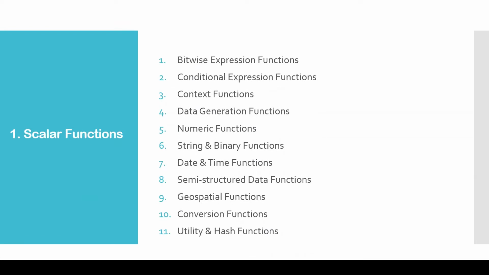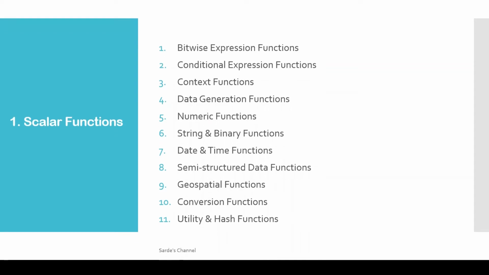In scalar functions there are 11 different types of functions. It starts with bitwise expression functions and covers context functions, conditional functions, date, time, string, binary, utility and hash functions, semi-structured data functions, and so on. Let's look at our first function, which is bitwise expression functions.